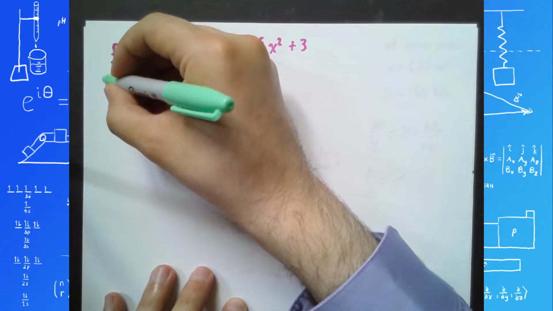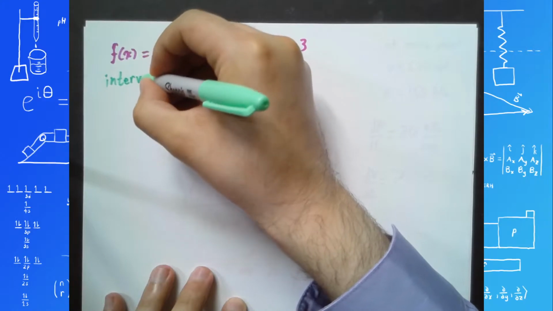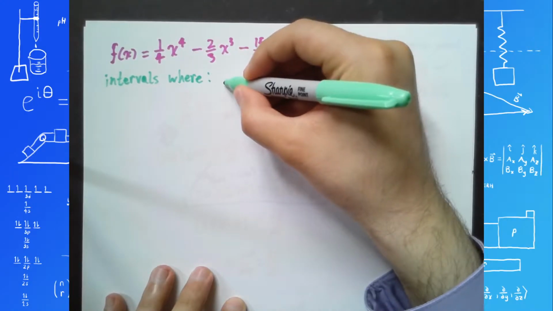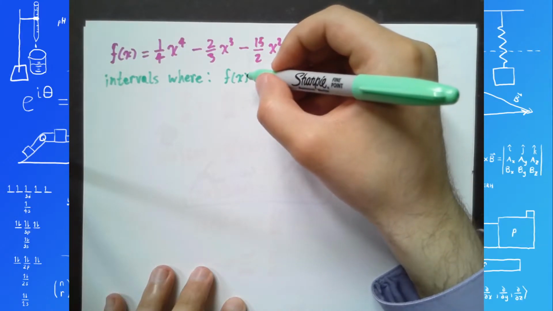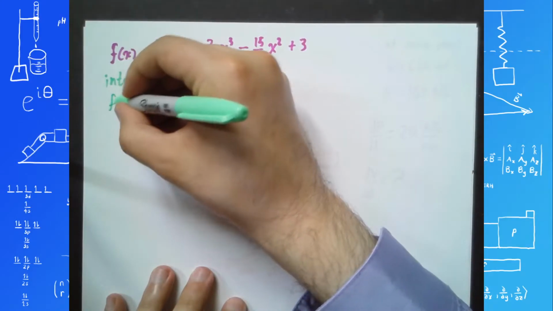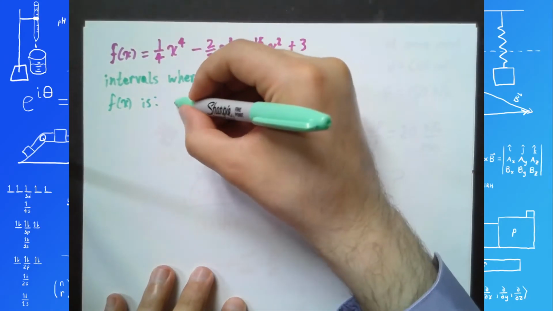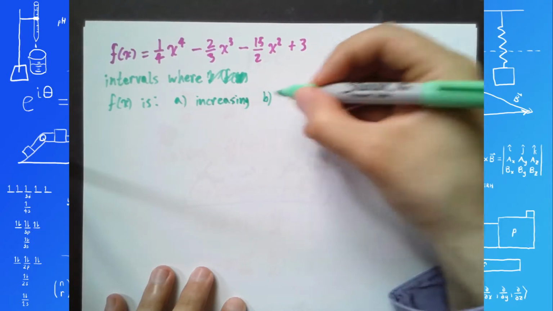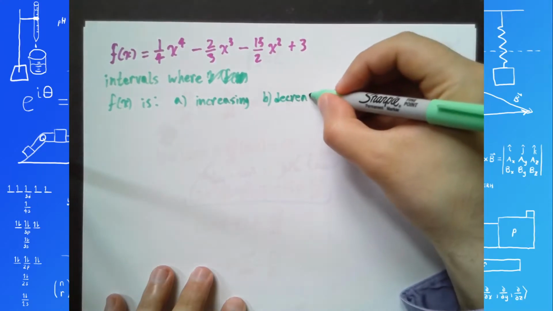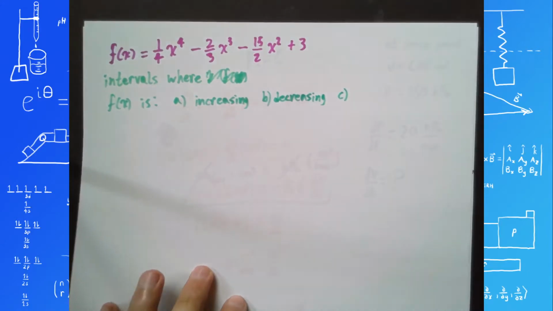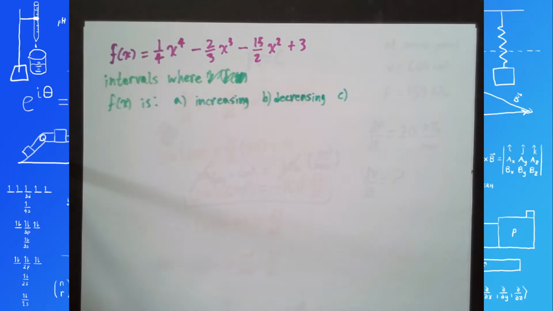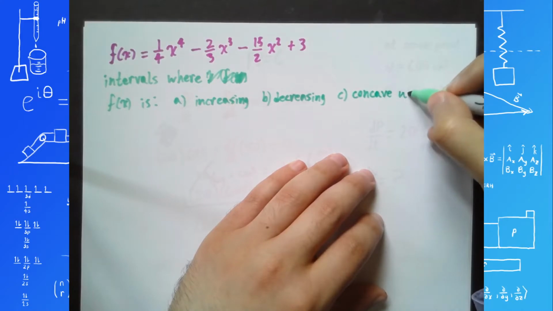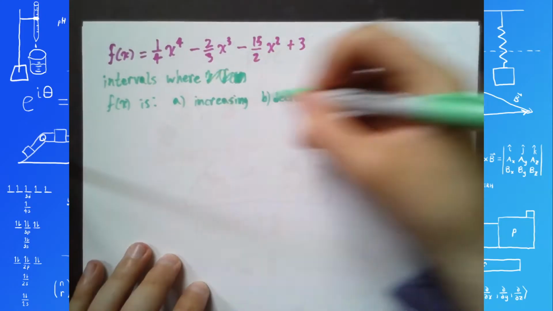So find intervals where f of x is, okay, part A, increasing, part B, decreasing, part C, I guess concave up, part D, concave down.